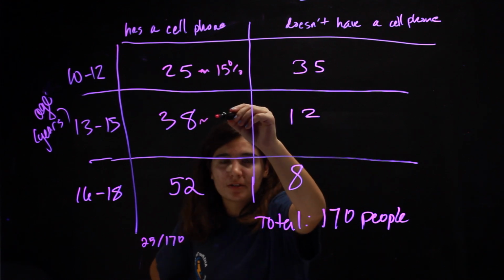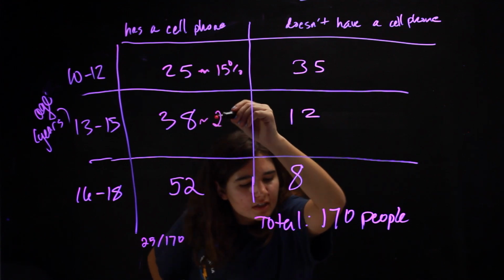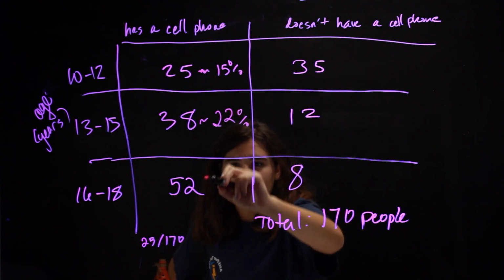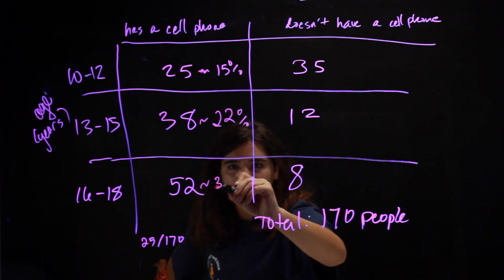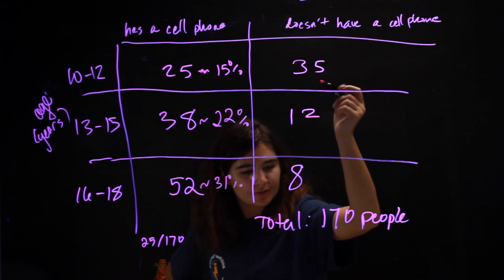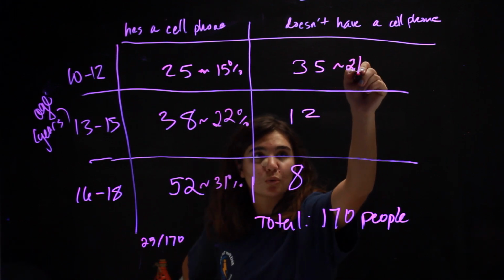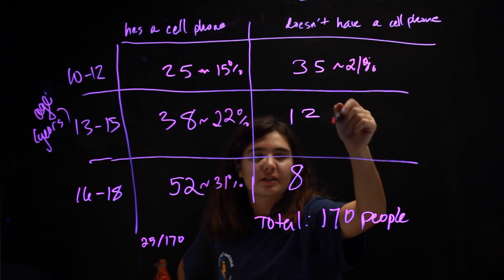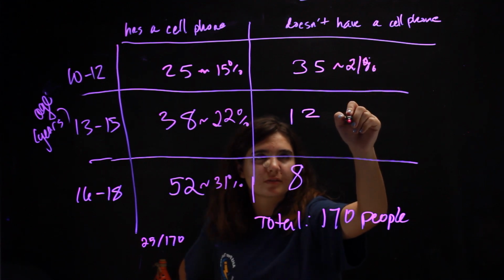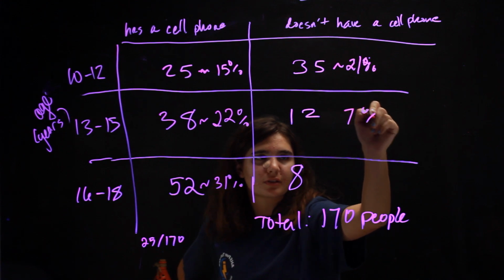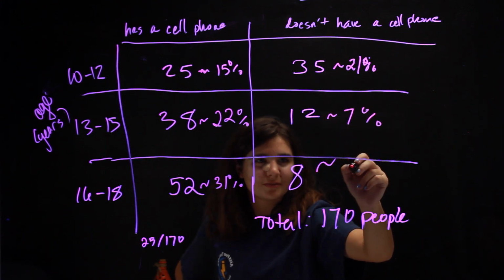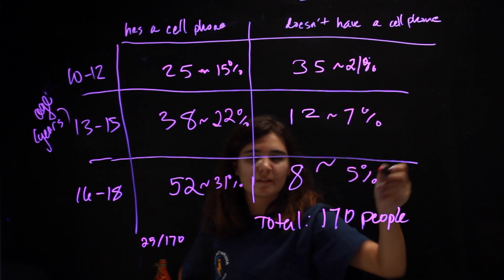This would be about 20... I can't even read my own handwriting. 22%. This would be around 31%. This is about 21. I can't even draw a percent sign either. 21%. That would be 7%. And that would be, call it 5%.